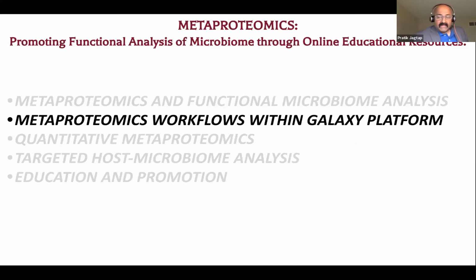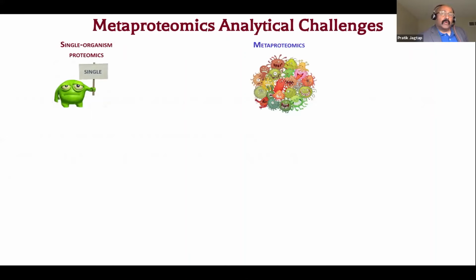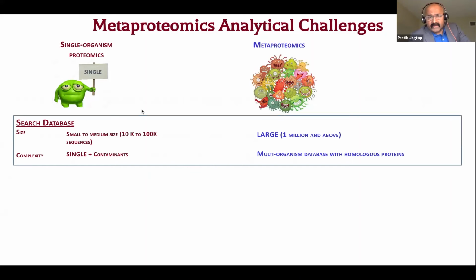What I'll talk about next is how we started working in the area of metaproteomics, and how we tried to tackle some of the difficulties associated with metaproteomics. One of the analytical challenges with metaproteomics is that in single organism proteomics, for example, the search databases are relatively small.